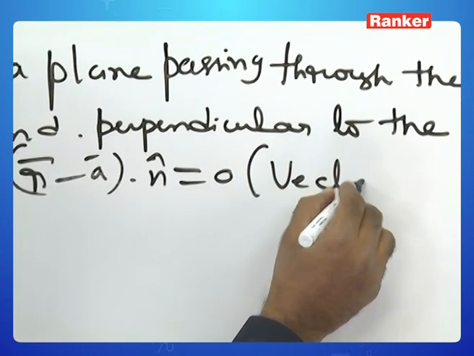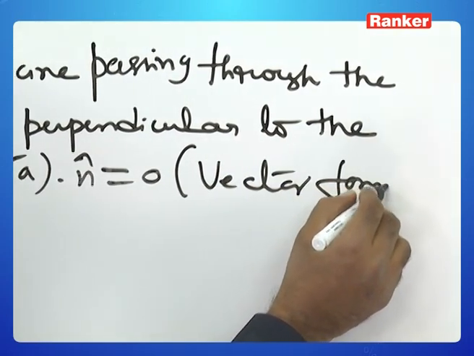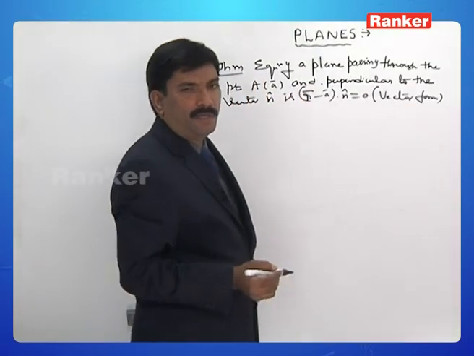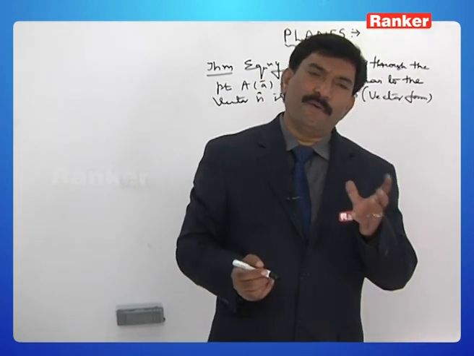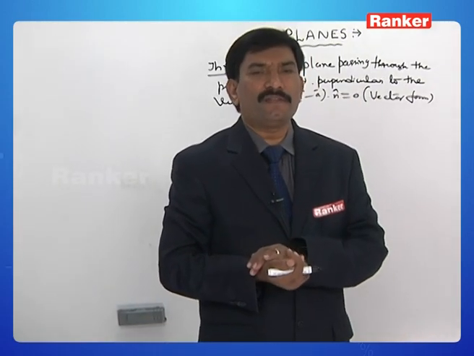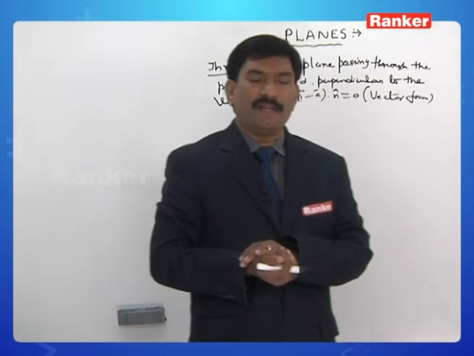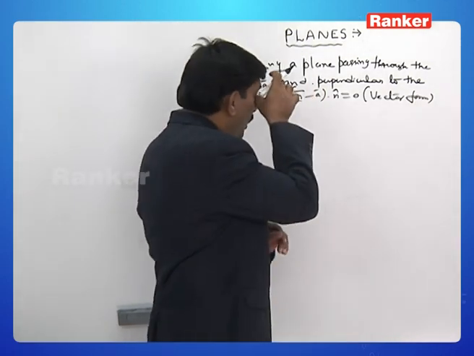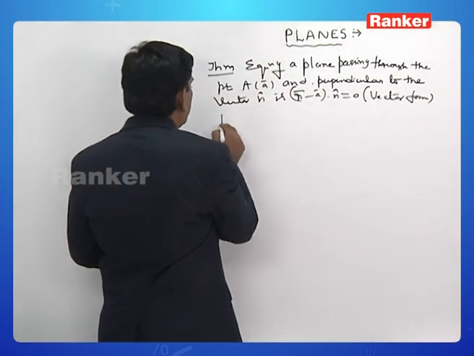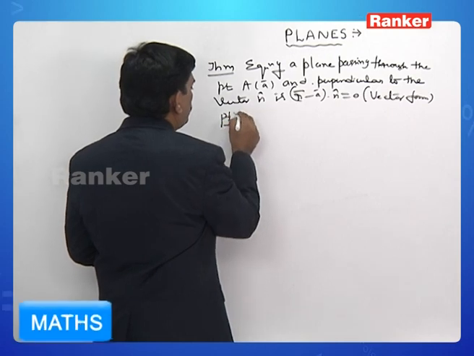This is called vector form. Previously, what I found out is a Cartesian form. Let us see how you can find this out. The proof of this one is very simple.